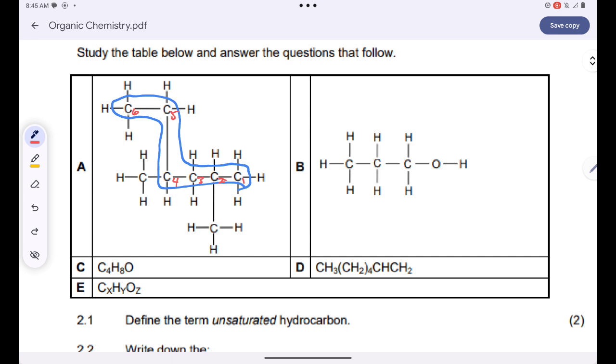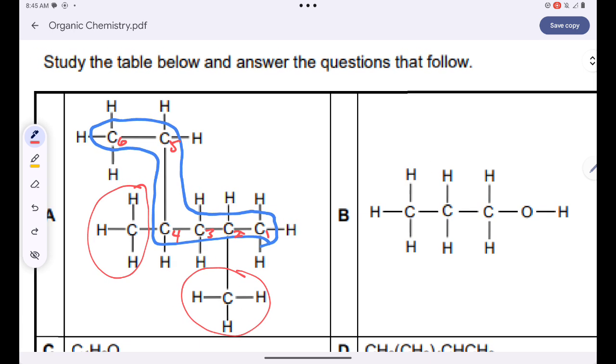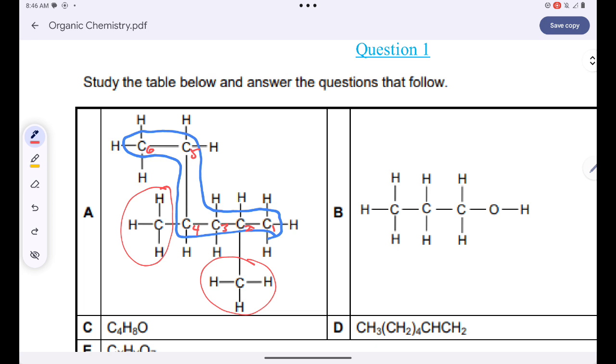Okay, so now let me name this hydrocarbon. I can see that in carbon number 2 there is a side chain, and also in carbon number 4 I have the same side chain. So whenever I name this organic compound, I'll simply say this is 2,4-dimethylhexane.